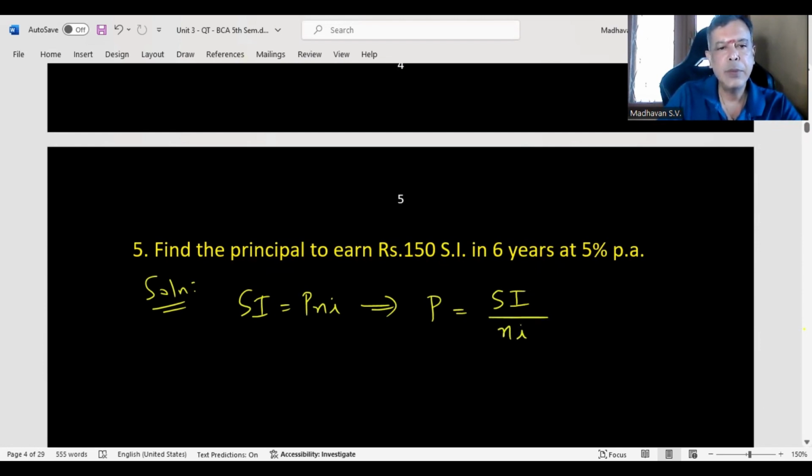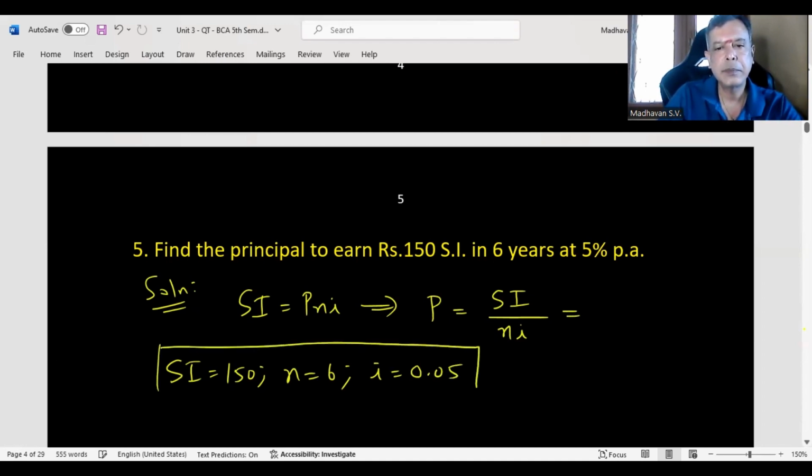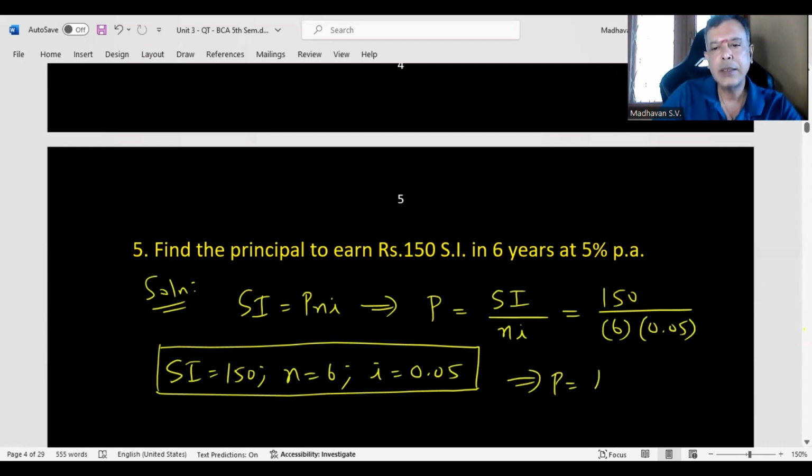So here they gave you simple interest as 150 and period is given as 6 years and the rate of interest is given as 5%, so 0.05. So we can substitute it here. SI is 150, N is 6 multiplied by 0.05. So if we calculate, we will get P as rupees 500. That is the result for this question. Let us move on to the next.